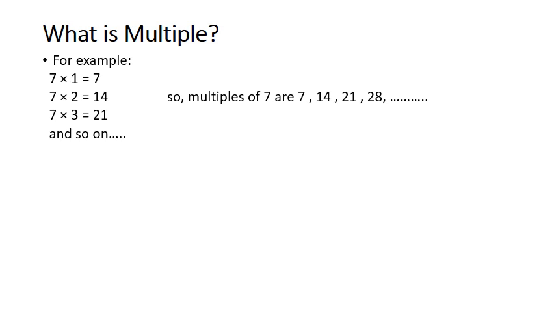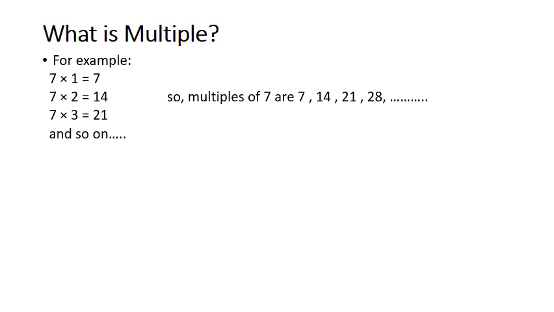So here if you observe 7, its factors are 7 and 1, because you did 7 ones are 7, and your product is 7. Now this product is called a multiple. In the same way, you have done 7 twos are 14. So 14 is a multiple of 7 and 2 both.